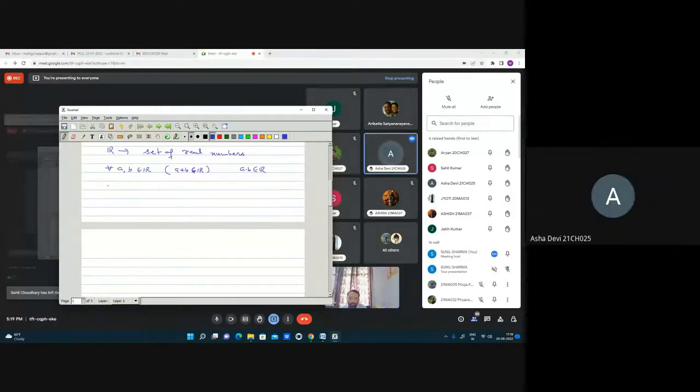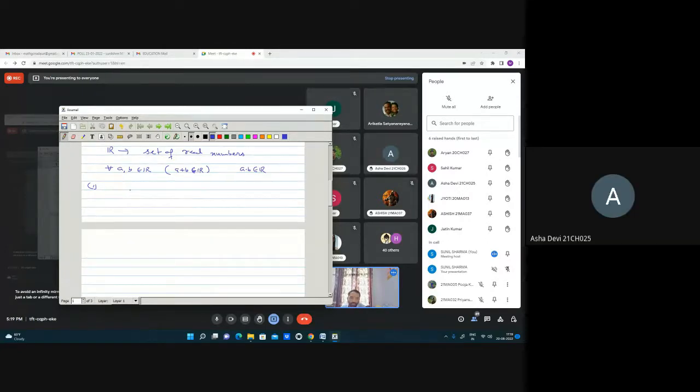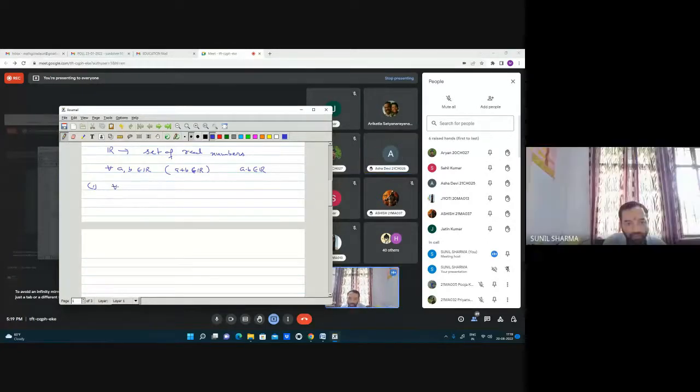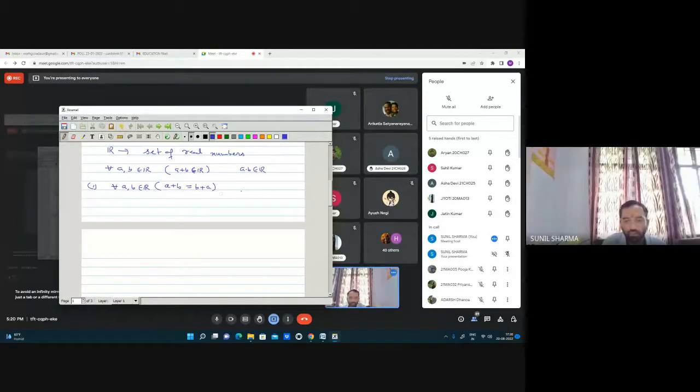Sir, commutative property of addition. Okay, how can we write commutativity? Given any A, B belonging to R, A plus B is equal to B plus A. So we call this commutativity of addition.